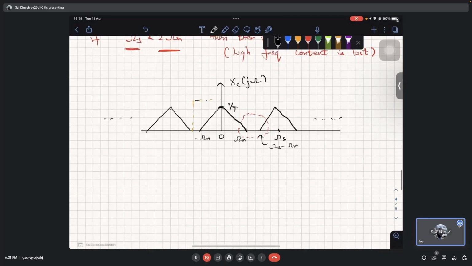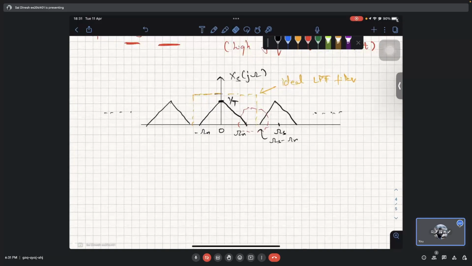So if we take an ideal low pass filter and band limit to the center frequency around the band pass region, then we can recover the original signal, right? Clear?